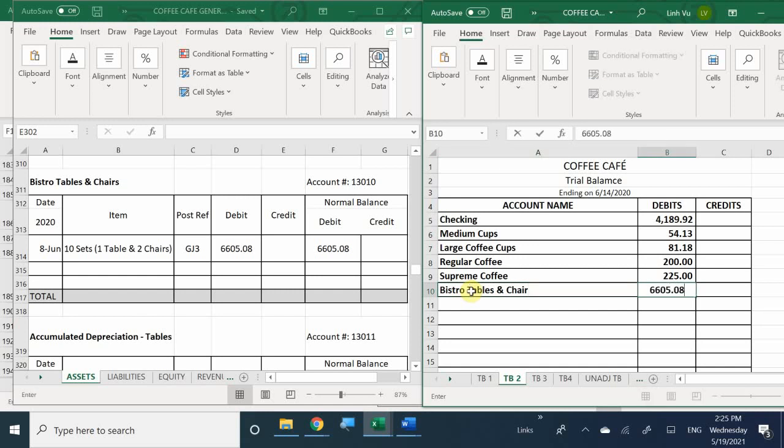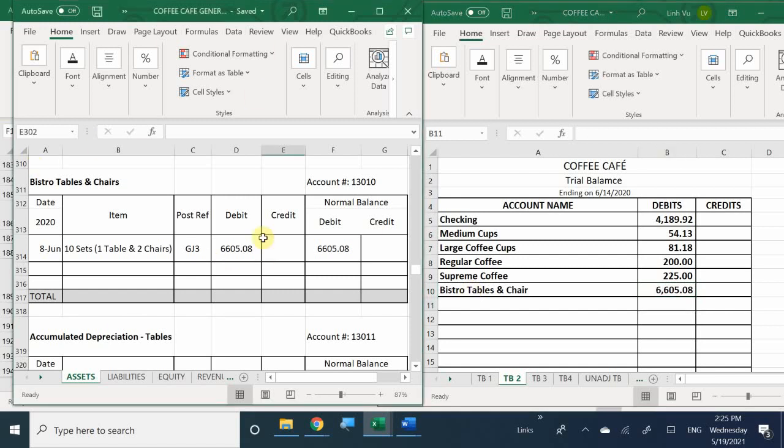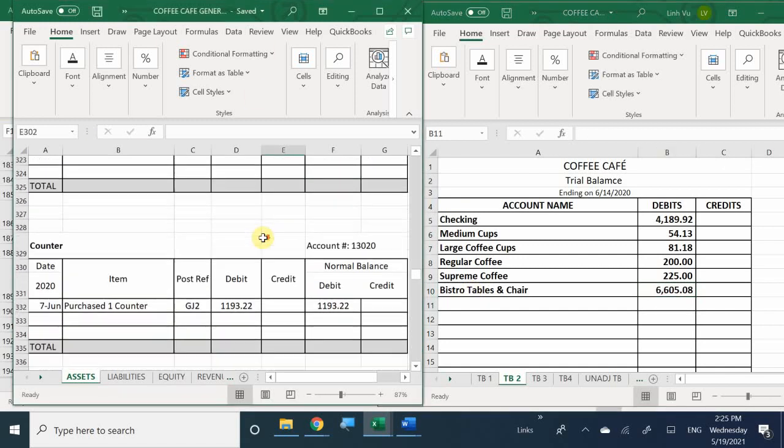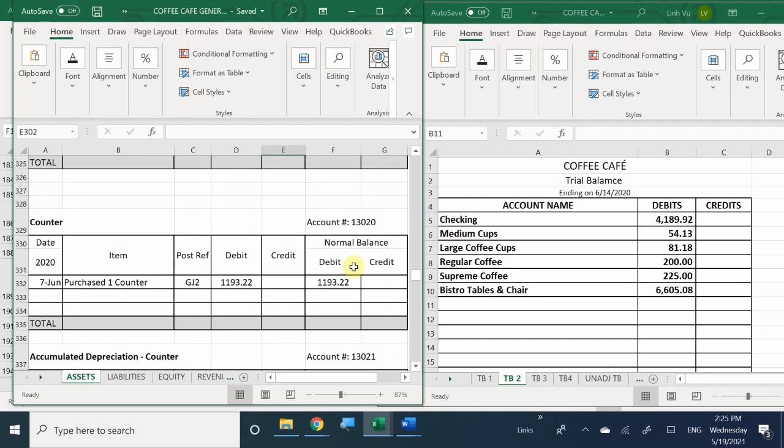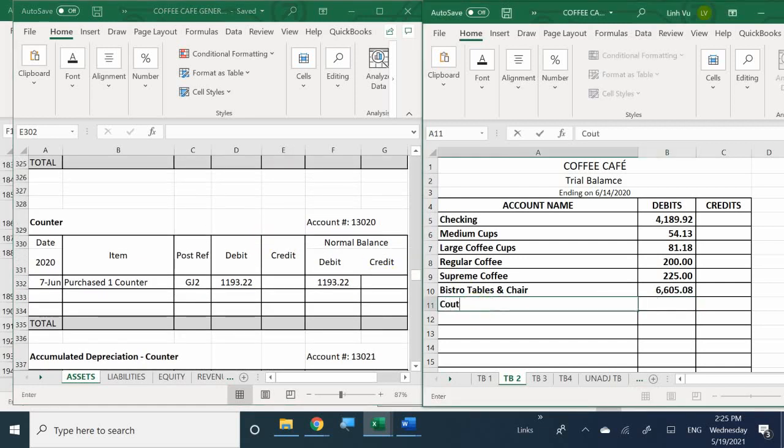Okay. No depreciation yet. Do we have a counter? Yes, $1,193.22.